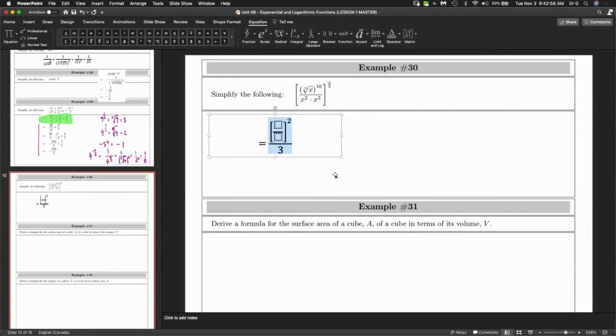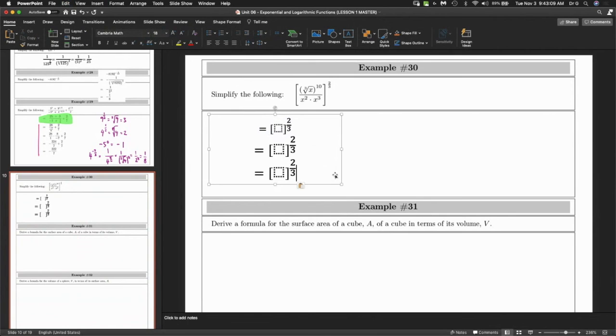The first thing I want you to do is ignore the 2/3. This exponent of 2/3 is the last thing that you're going to do in this question. So I'm just going to paste it a bunch of times, and then I'll deal with the stuff on the inside.